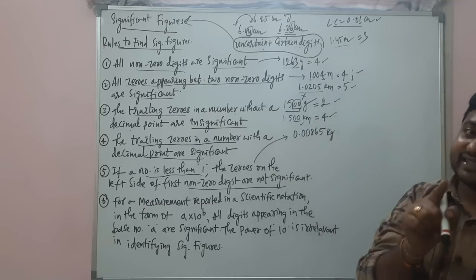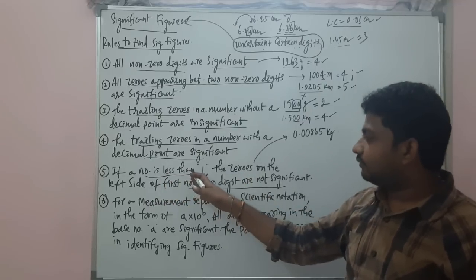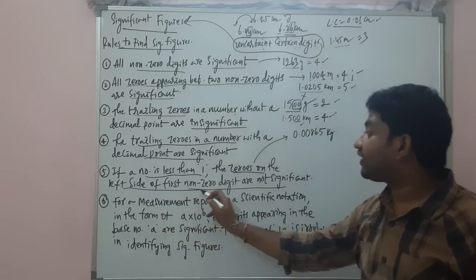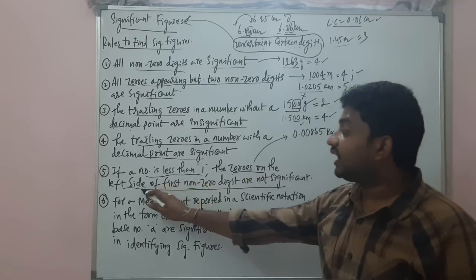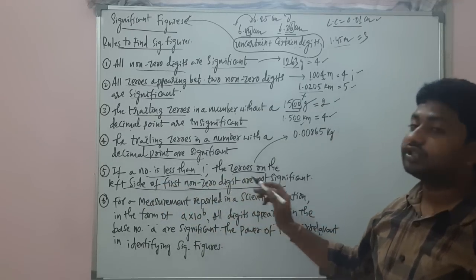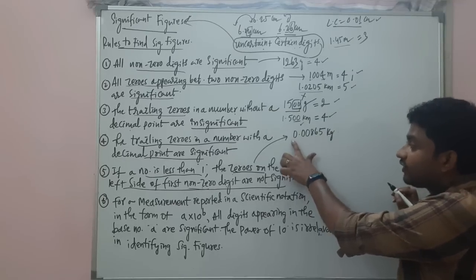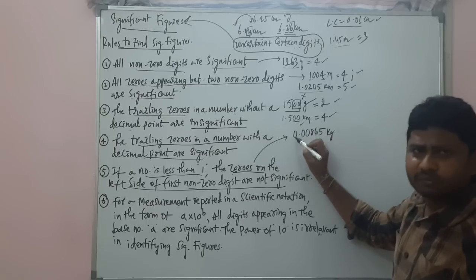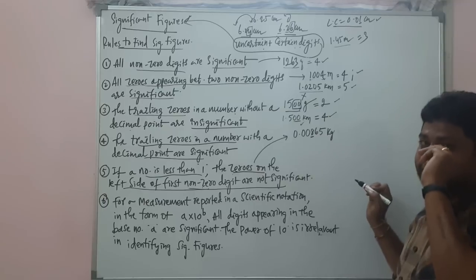So if the number is less than 1, you must remember this rule. If the number is less than 1, what happens? The zeros on the left side of the first non-zero digit. This is the first non-zero digit. If you start from here, 0.008, yes, this is the first non-zero digit.